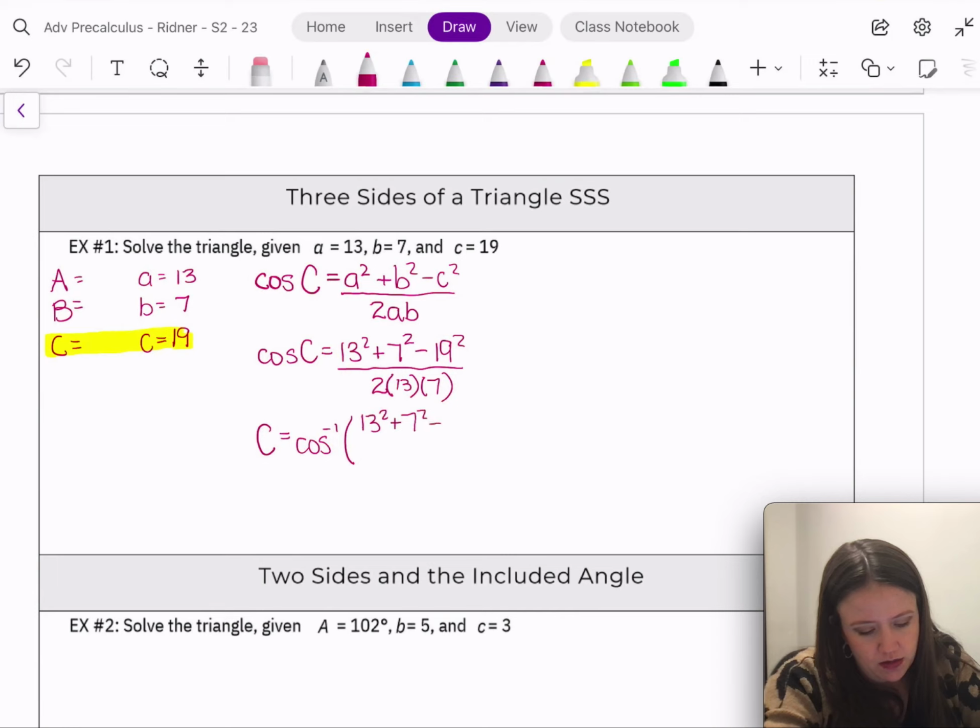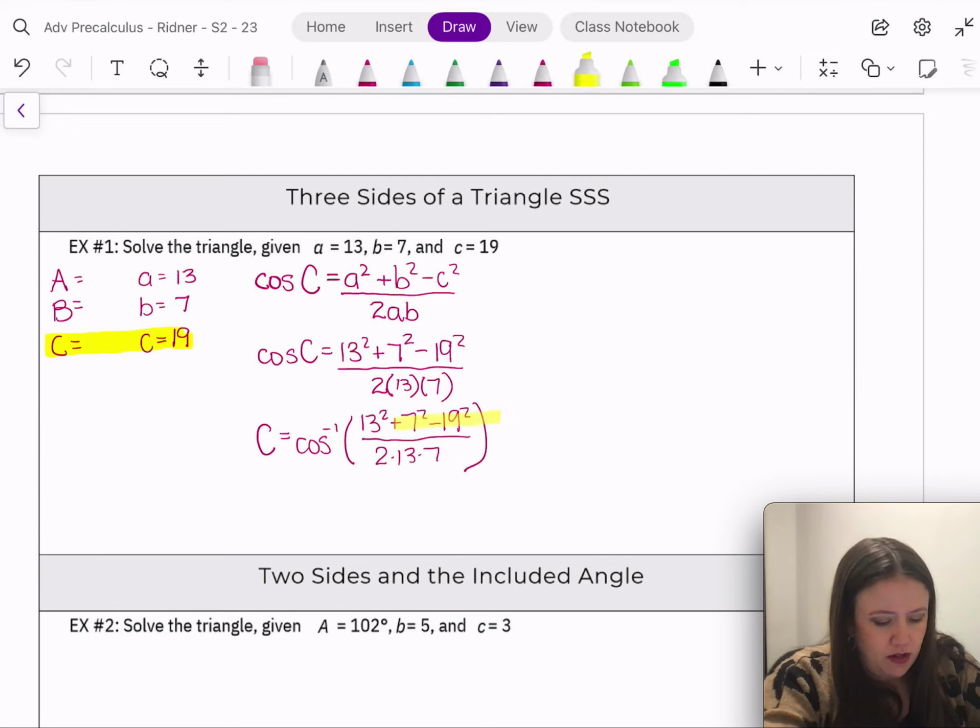Okay, so don't forget the cosine inverse. Then you're ready to type it in your calculator. Type that in your calculator to get approximately 142 degrees.